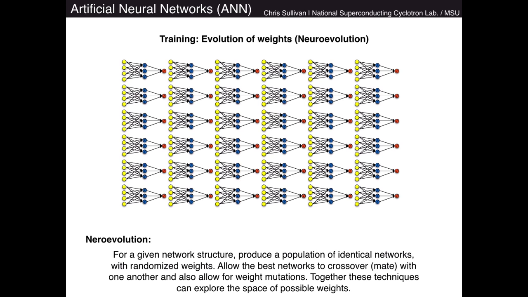And then only the networks which have the best error, you can pick half of your population, you'll only allow those networks to reproduce. And so then you allow there to be weight crossover, that is the crossover between connection weights in different networks, as well as mutations to occur. So rather than training, you're allowing essentially the networks to evolve towards the answer, or evolve through the problem space in a Monte Carlo-like way.